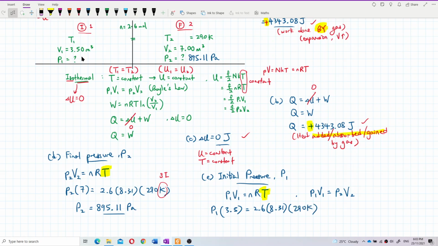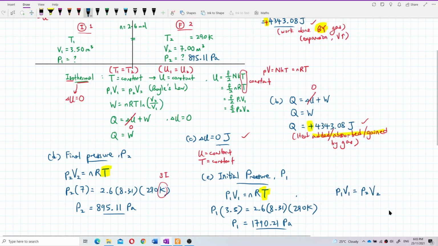So P1 is 2.6 multiplied by 8.31 multiplied by 290 divided by 3.5. I got the pressure as 1790.21 Pascal.